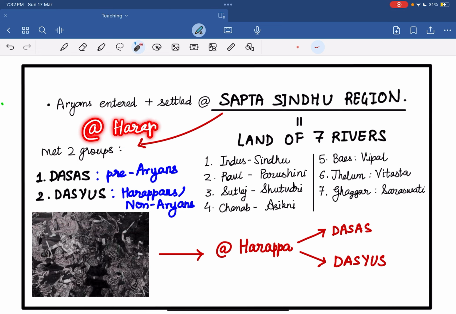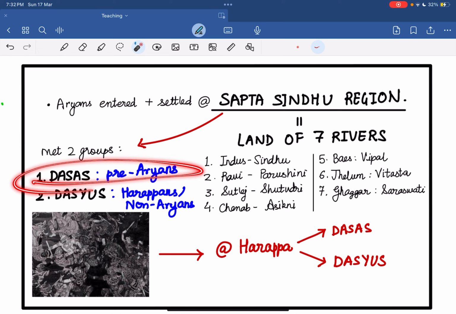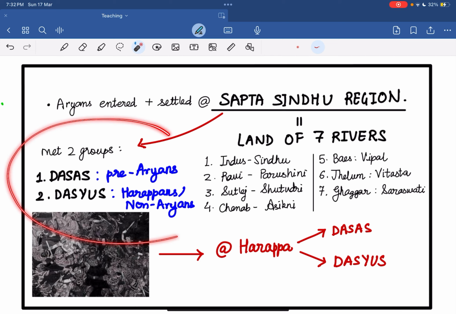The battle took place at Harappa. They defeated and killed them. Not all of them. The dasas were not killed. The dasas were enslaved. After all, the dasas are Aryans, no? So they won't kill their own blood. With respect to dasyus, what happened was, some of them were killed in the battle, some of them were enslaved, some of them ran away to southern parts of the country. So this was the battle summary, overview rather.